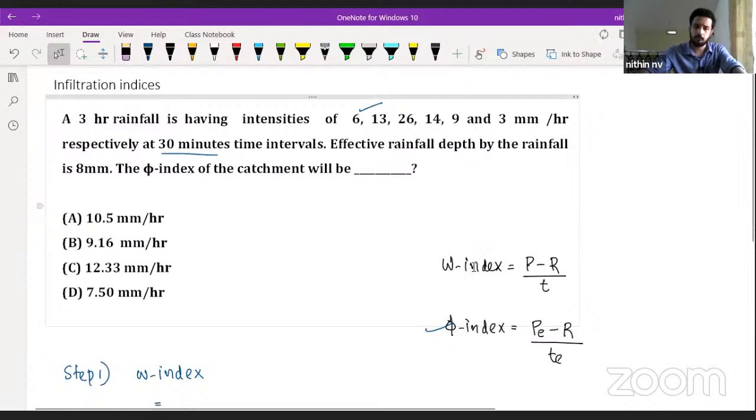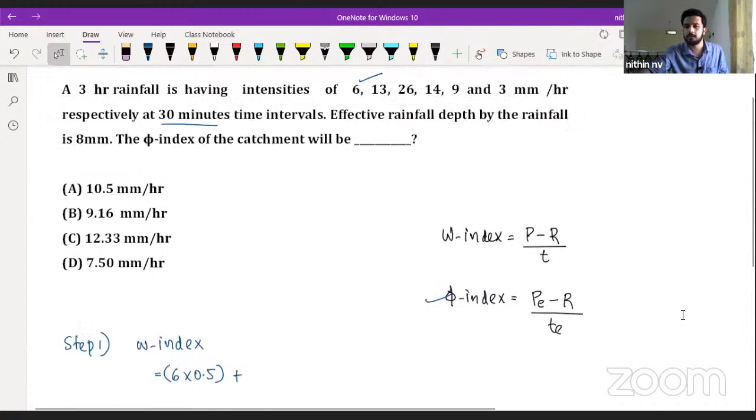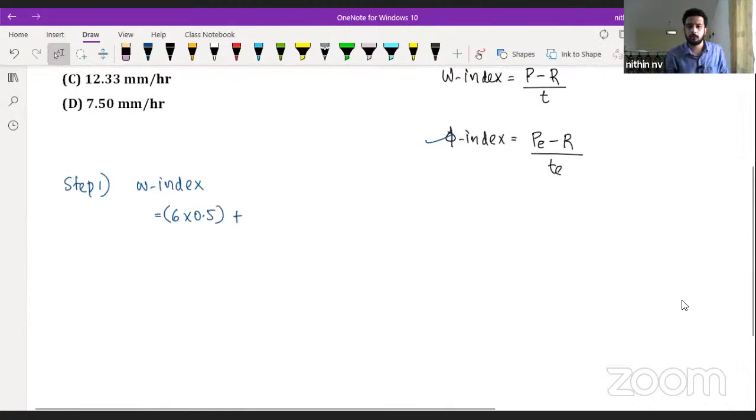How can we take the P value? Intensity into time. We have already seen this in the previous session. So 6 mm per hour multiplied by 30 minutes. 30 minutes means 0.5 hour. So 6 into 0.5, plus the next intensity 13, 26 and so on. So 13 into 0.5 plus 26 into 0.5.